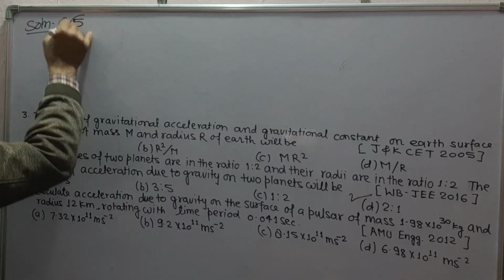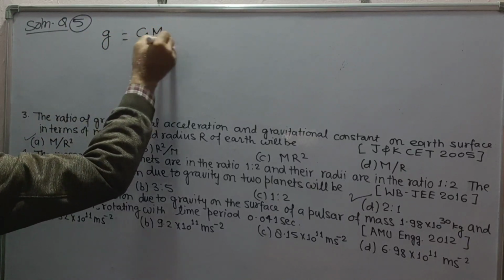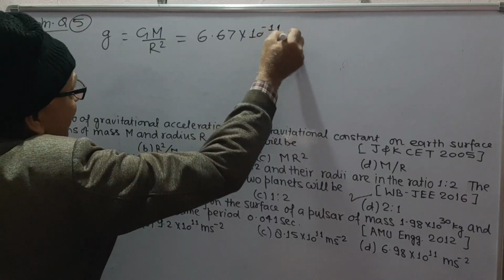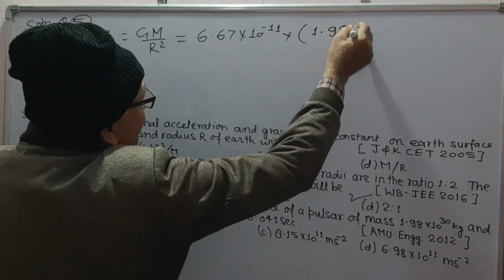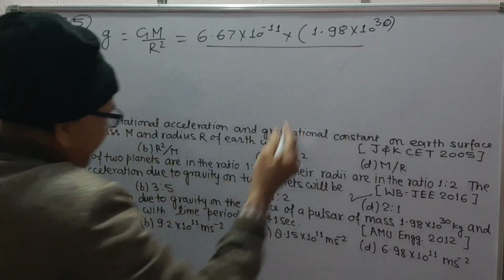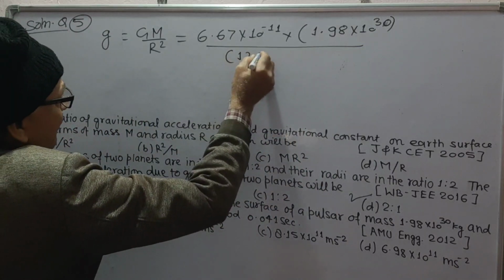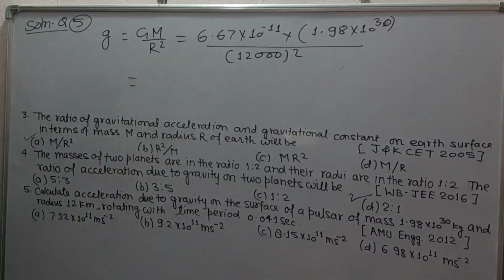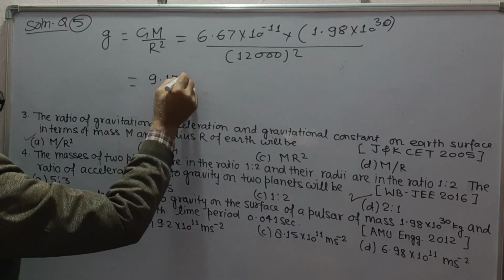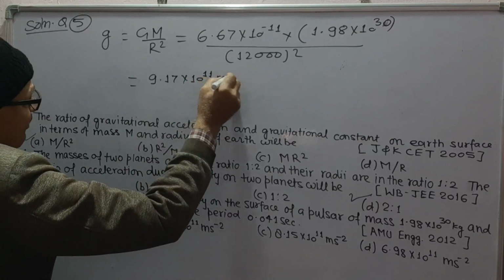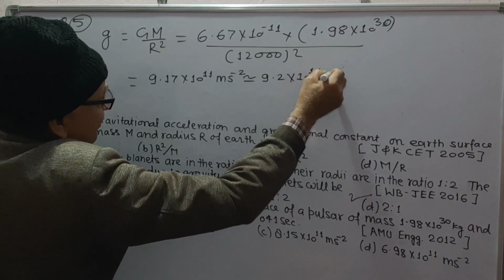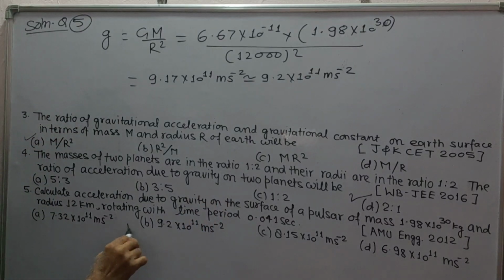Therefore, g will be equal to GM upon r square, which is 6.67 into 10 to the power minus 11, mass is 1.98 into 10 to power 30, upon radius is 12 kilometer, means 12,000 meter, its square, which gives g as 9.17 into 10 to power 11 meter per second square, which is nearly 9.2 into 10 to power 11 meter per second square. So the correct option will be B.